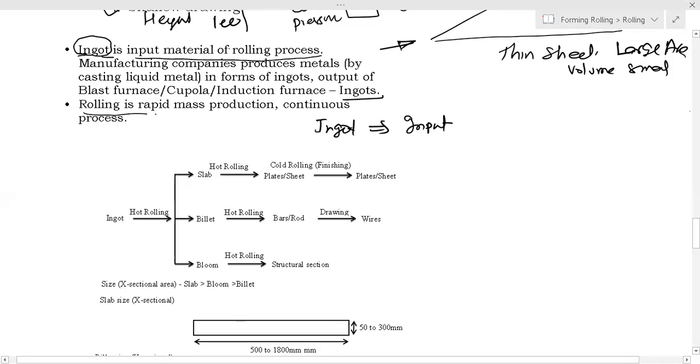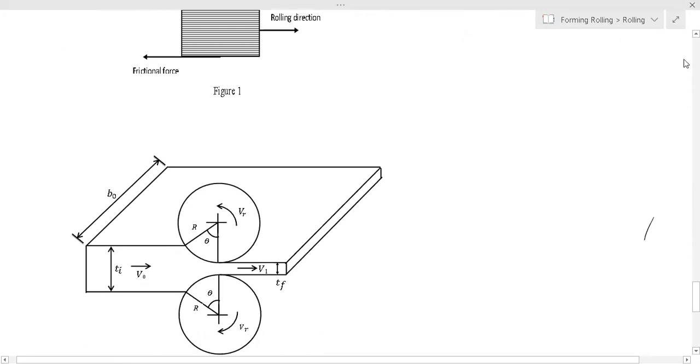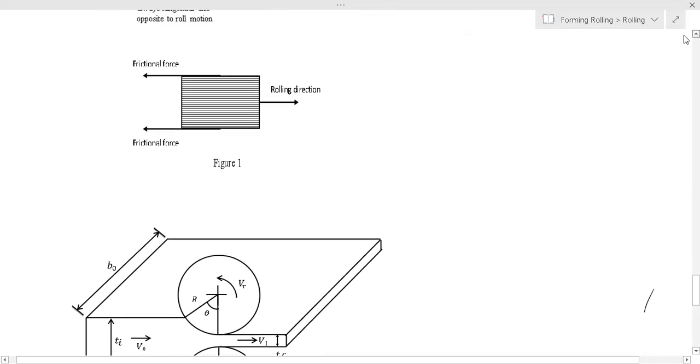And again, rolling is a rapid mass production and continuous process that we know. So basically, we take the ingot and we roll it, hot and cold. I have not discussed that, I think, right? Okay. So what is hot working and cold working?